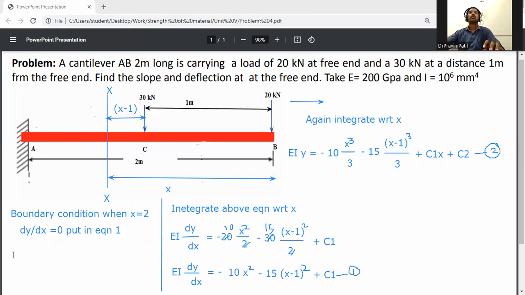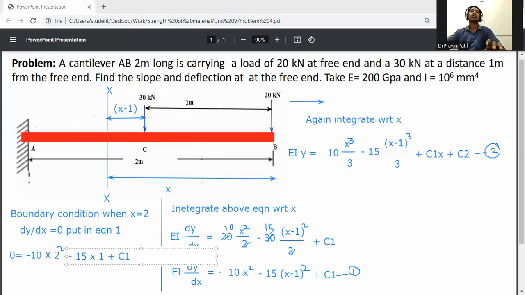So when dy/dx is 0, this term will be 0, equal to minus 10 into x², where x is 2, so 2 squared, then minus 15(2 minus 1)², which is 1 squared, which is 1, then plus C1.